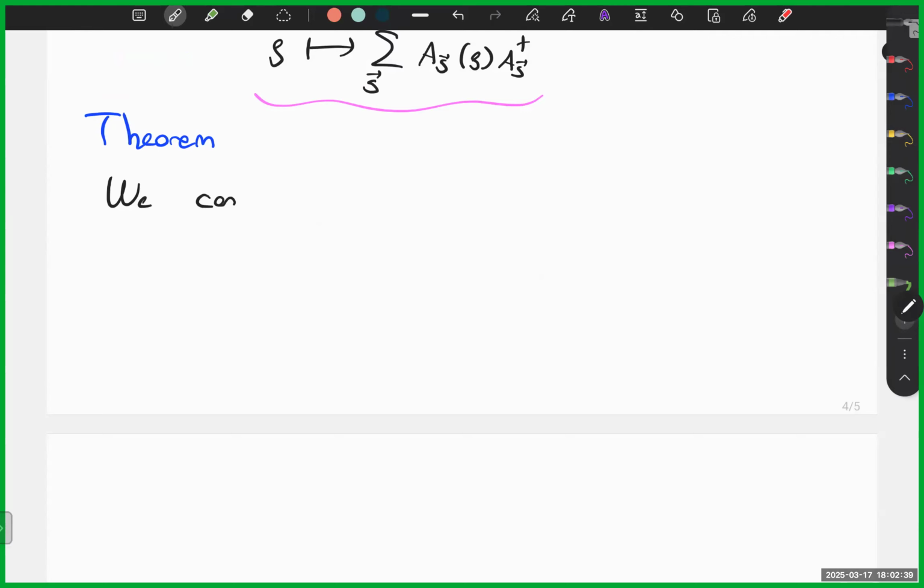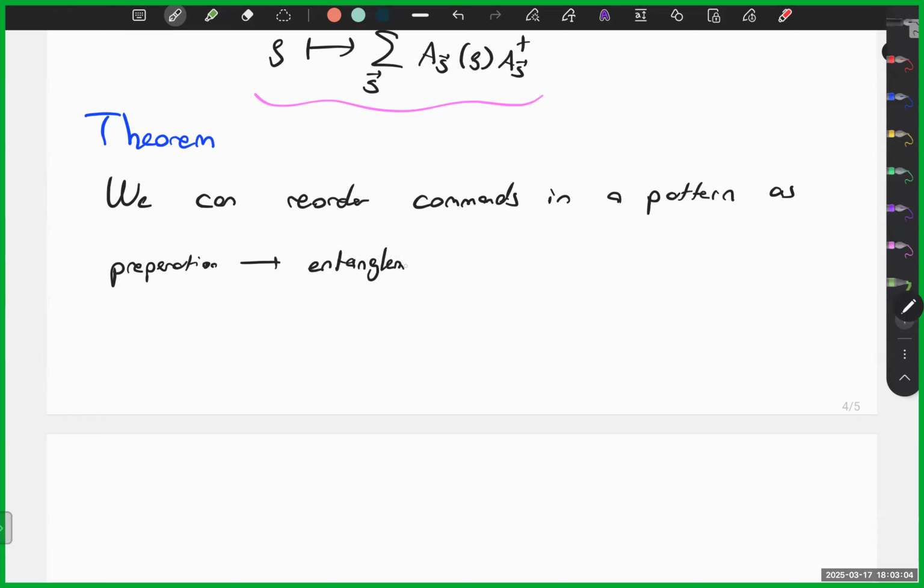This is the reordering of the commands in the pattern. So we can reorder commands in a pattern as preparation, entanglements, measurements and corrections.